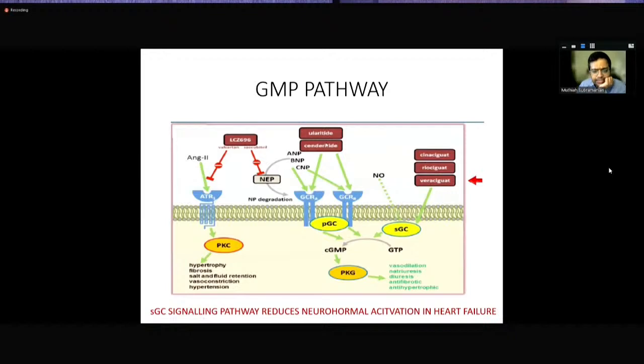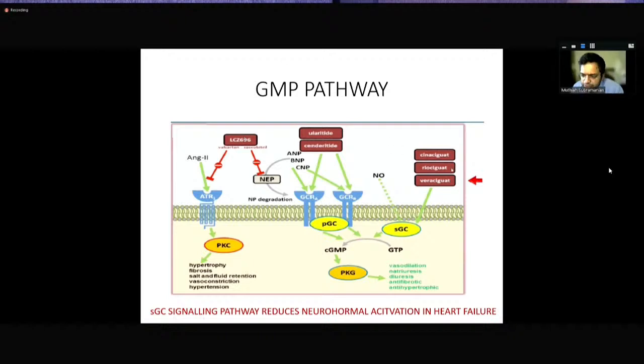This cGMP pathway has been recently looked at in terms of heart failure management, and this new molecule vericiguat is now available for us. It's an oral cGMP pathway signaling molecule, and it works synergistically with the nitric oxide. This is an important molecule because they have tried multiple cGMP pathway molecules to see what will work in heart failure.